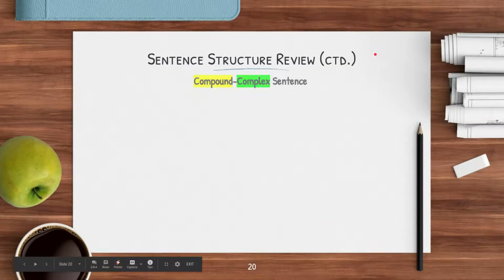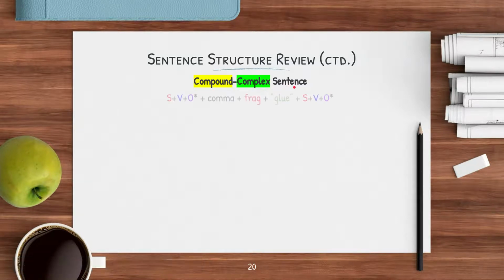The last sentence structure we're going to talk about is what's called a compound complex sentence. Basically, it adds everything together. You'll have a full sentence, right? Subject, verb, and object, a comma, a fragment, some glue, and then a second full sentence.